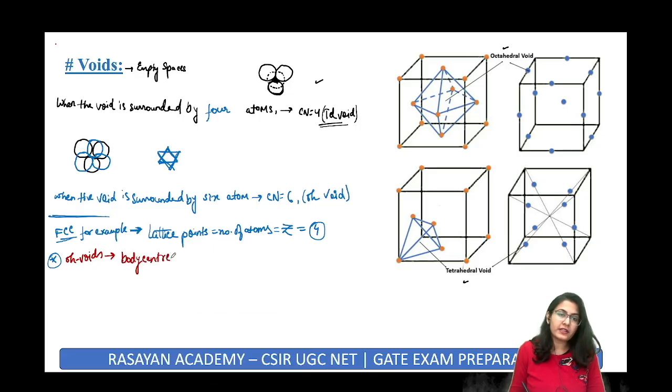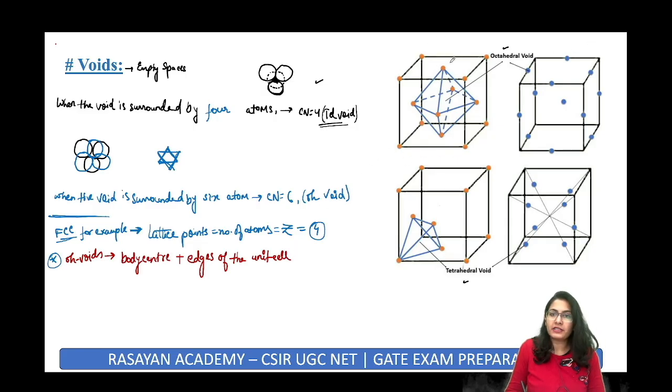The octahedral voids are present at the body center plus the edges of the unit cell. That is, ये देखो, these are the octahedral voids.